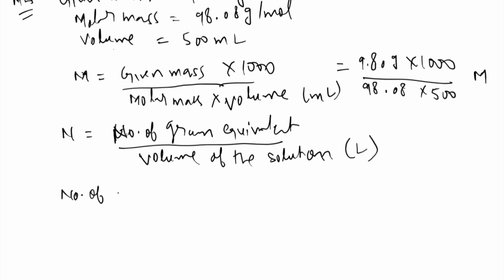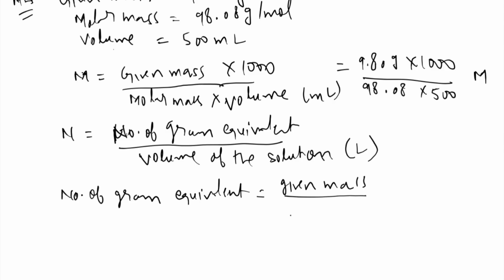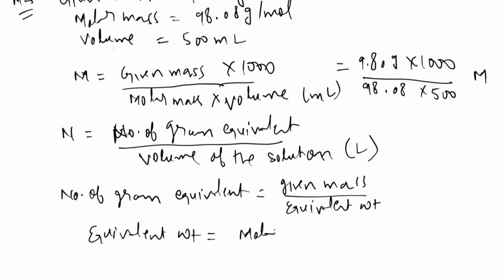The number of gram equivalents is given by given mass divided by equivalent weight. Okay, now how to find the equivalent weight? Equivalent weight is given by molar mass divided by N factor.